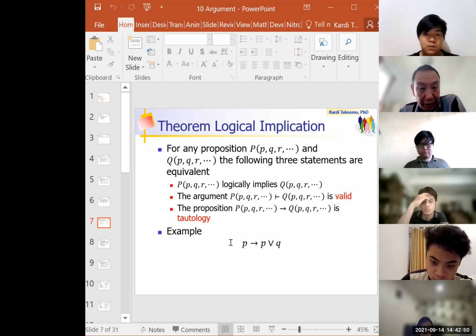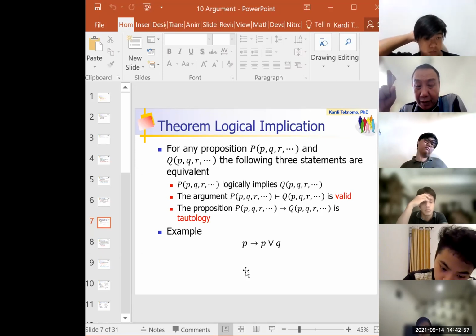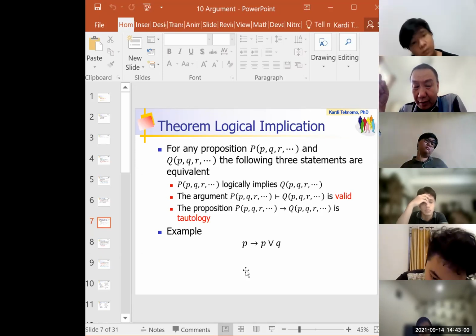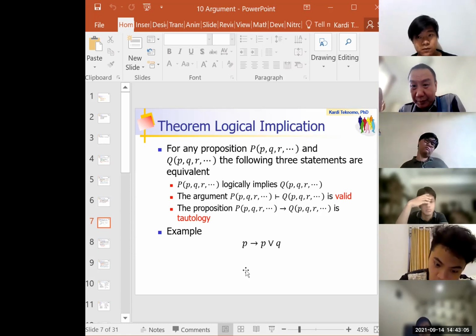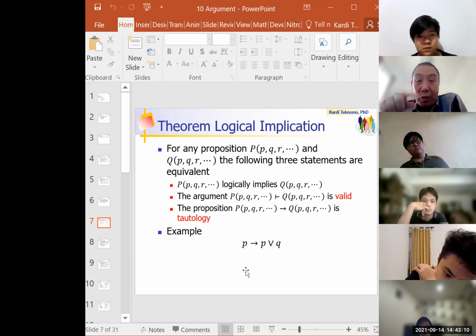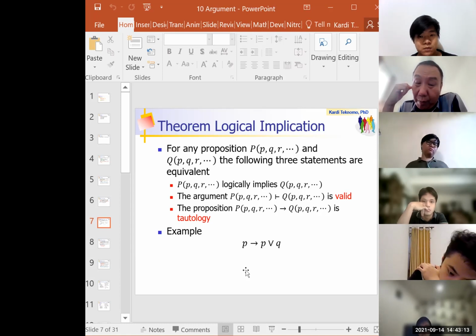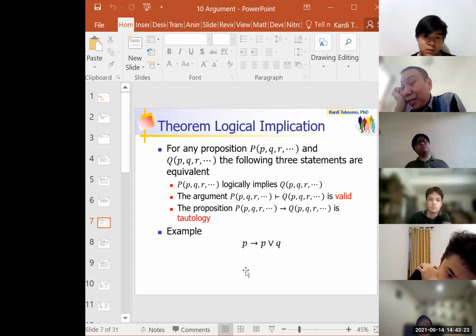The argument down here, I put as a value, for example, P. If you have P, then you can conclude P or Q. What is the possible value of small p here? It's a proposition, so the value is... What is a proposition again?